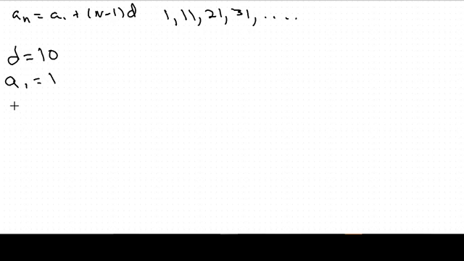And let's say I want to find term A3. Let's just check it since I have it written there already. I want you to write the equation for that value. So that would be A3 equals 1 plus 10 times 3 minus 1.